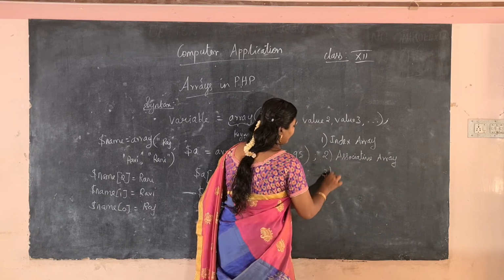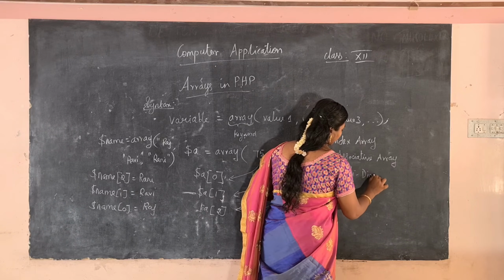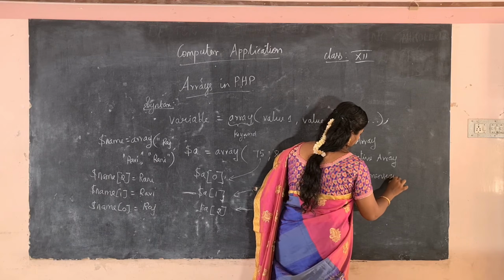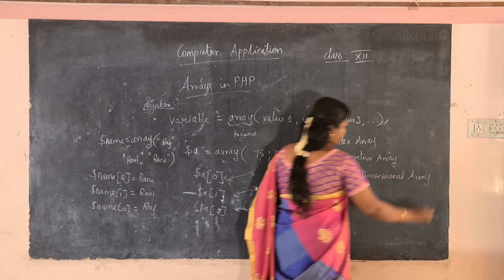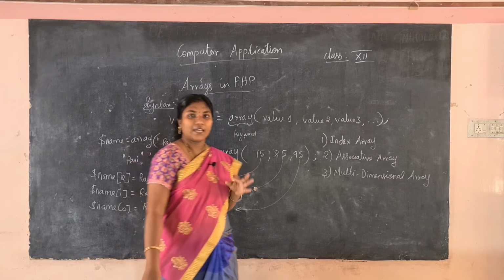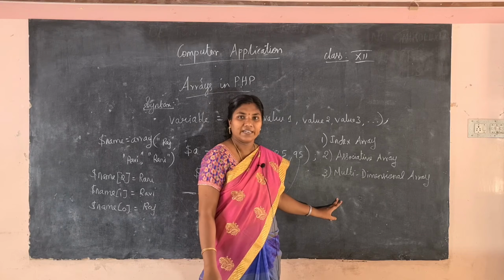And the third one, multi-dimensional array. So there are 3 types of arrays in PHP: index array, associative array and multi-dimensional array.